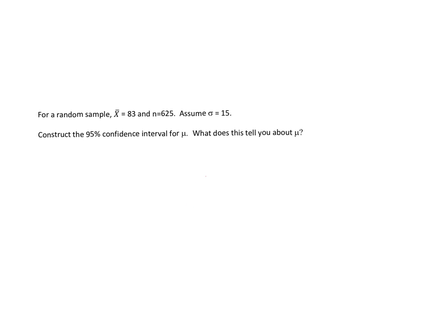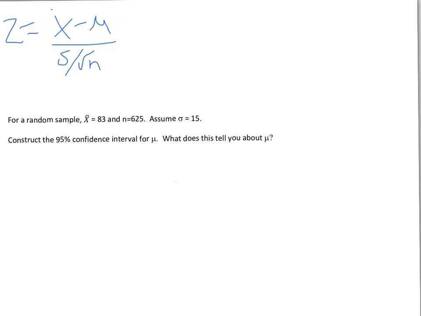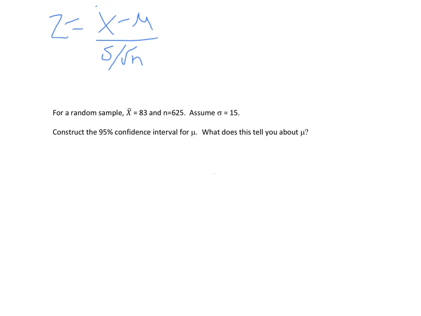If you remember from our first question, there was a value, z is x minus mu over sigma over root n. Okay? The confidence level takes into consideration this sigma over root n.